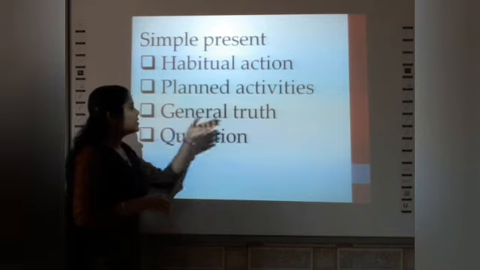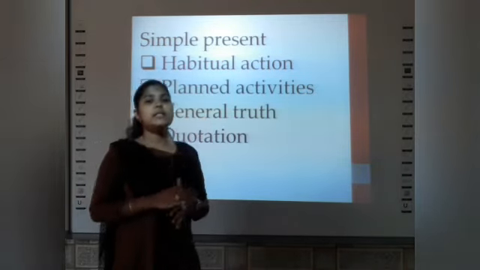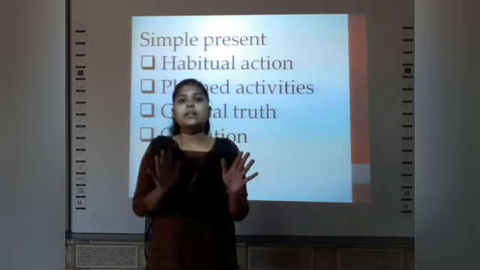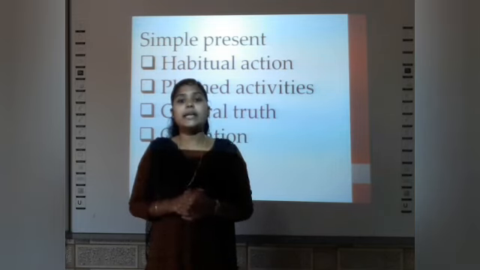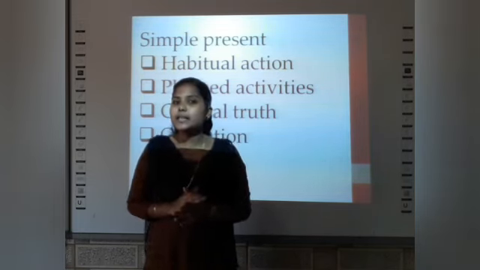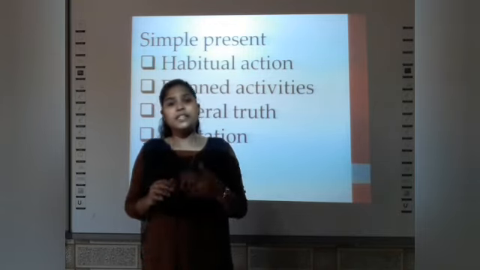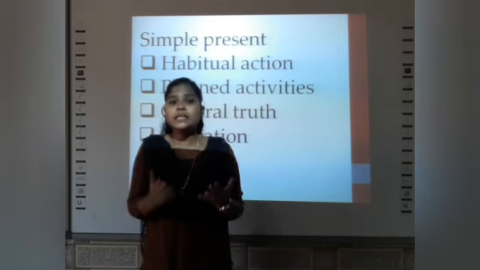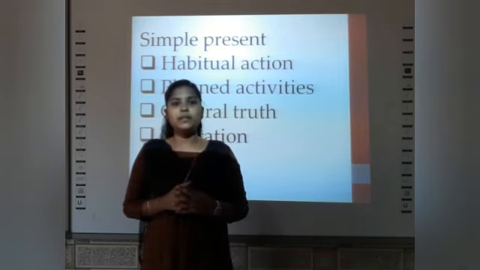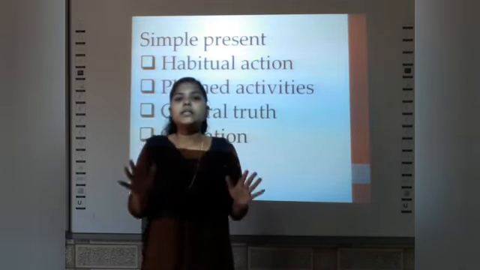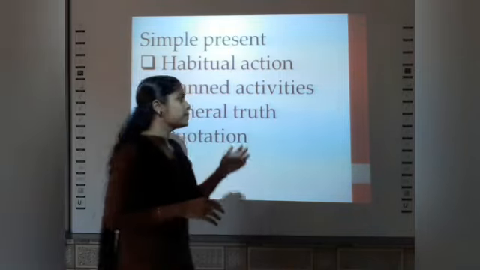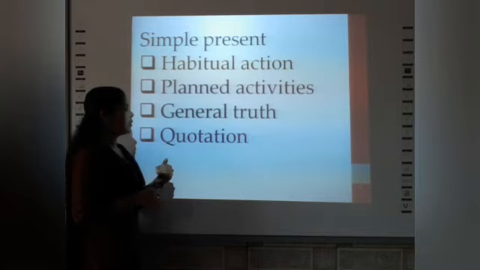Next, general truth. General truth means nobody can change it in any case. For example, the sun rises in the east or west? East, isn't it? So can we change this universal truth? No, we cannot change this universal truth. So that indicates general truth.